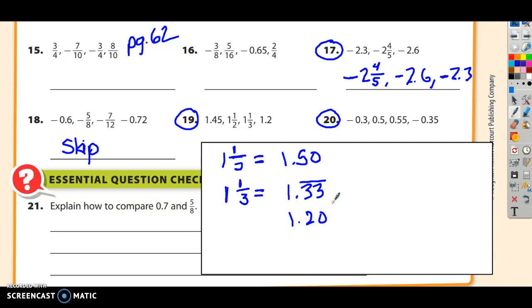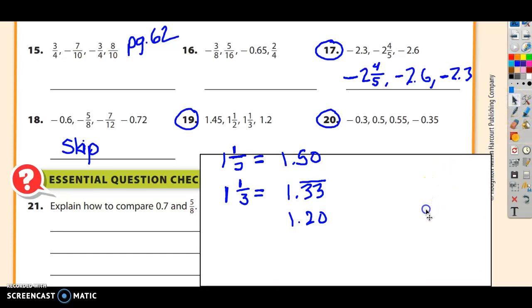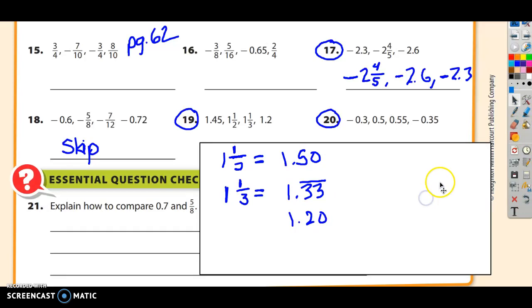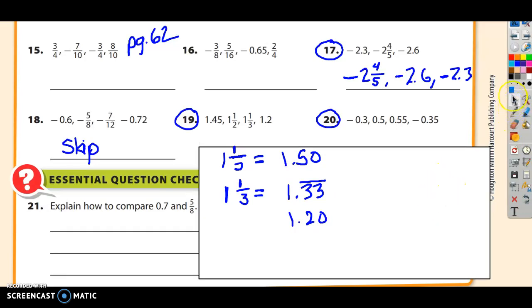They're all positive, so now I just need to think about the least to the greatest. Let's see if I can move this down. I really didn't give myself enough space here, so the best I can do is just to write it like this. The least number is 1.20, so I'm going to write 1.2, comma, that's the smallest, and then 1.33.